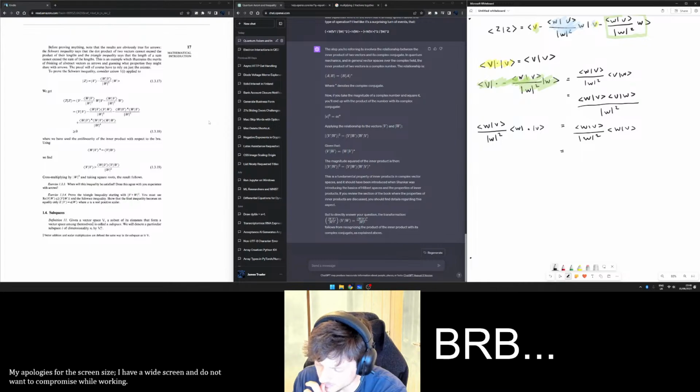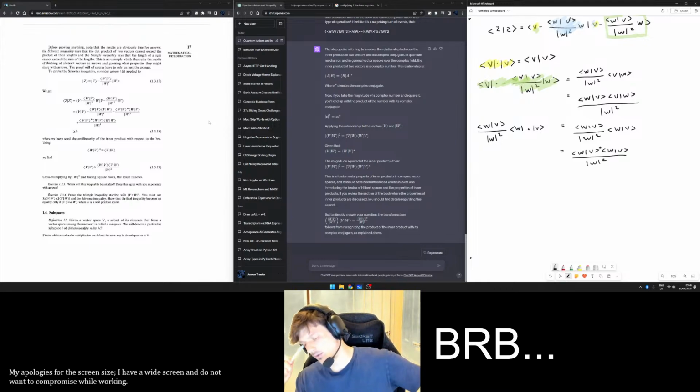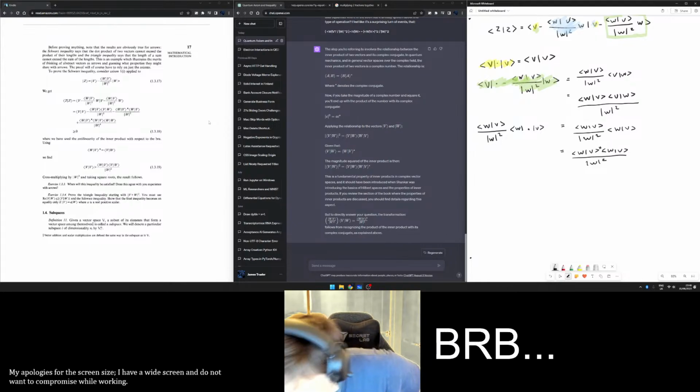So to multiply them together, we're taking a conjugate like this. Now, I don't know why.